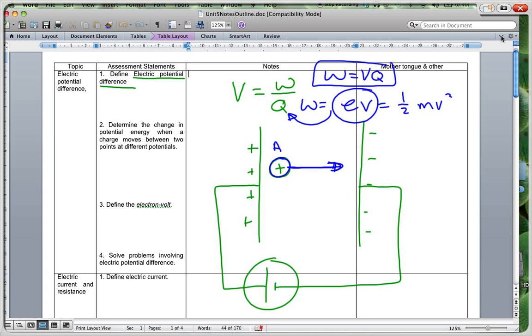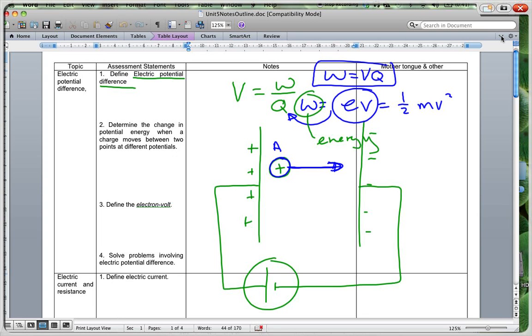No, the big W is your work or your energy. This W here is your energy in whatever form it is. It can be in the form of kinetic energy, it can be in the form of electrical energy, it can be in the form of potential energy. In this case, it's in the form of electrical potential energy.